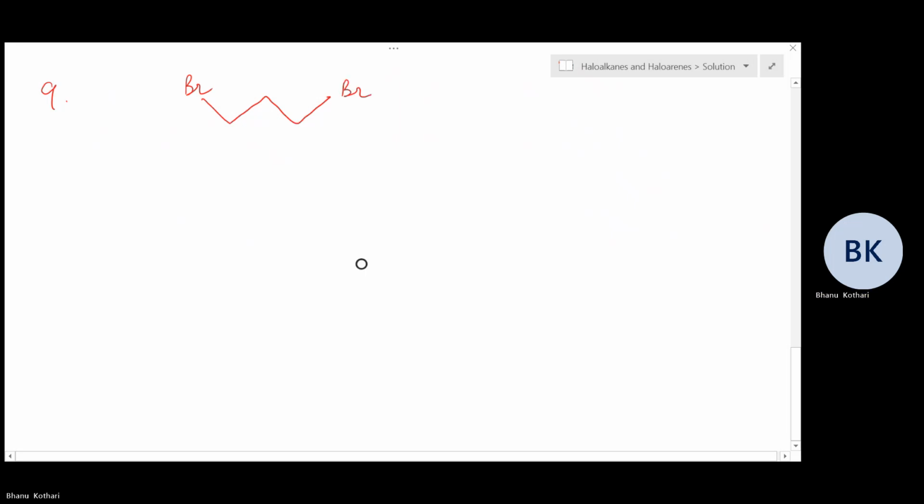When you heat it with zinc dust, what will zinc do? Zinc will abstract these two bromine atoms, and there will be a bond formation between these two carbons. So the product will be cyclopropane plus zinc bromide. The right answer will be cyclopropane.